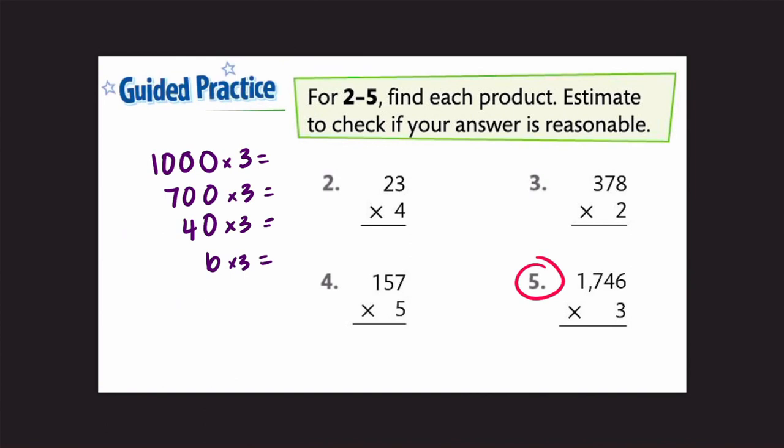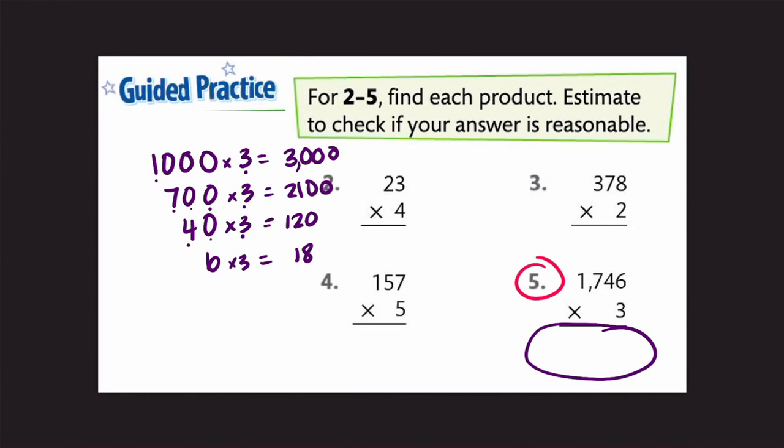Okay, so let's go ahead and figure those out. 3 times 1 is 3, and we're talking about thousands. 7 times 3 is 21, and we're talking about hundreds. 3 times 4 is 12 tens, is 120, and then 6 times 3 is 18. We would add these all up, and we would get our final product.